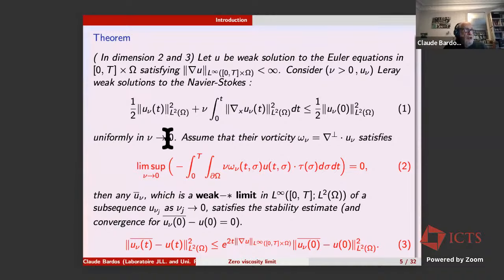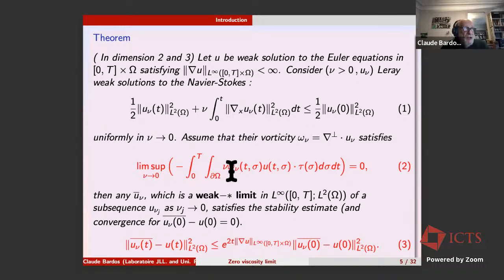And then look at nu going to 0. Then I assume, as this is a theorem of equivalence, that the vorticity, which is the curl of the velocity, satisfies a condition, which is the integral from 0 to t of the vorticity computed on the boundary.